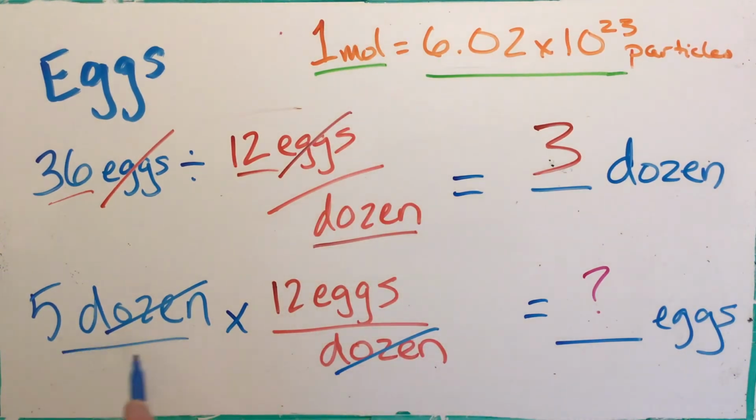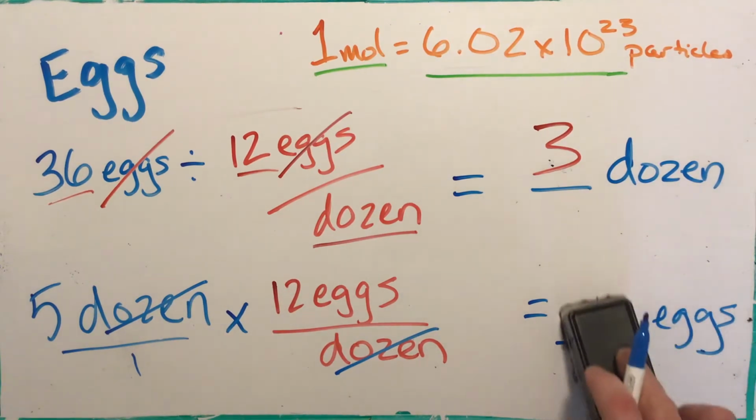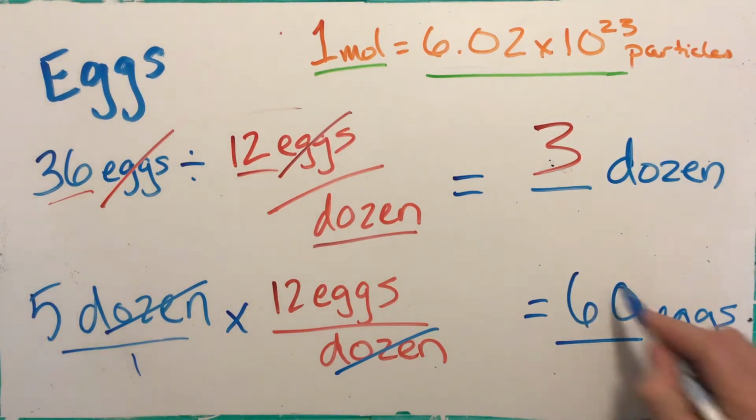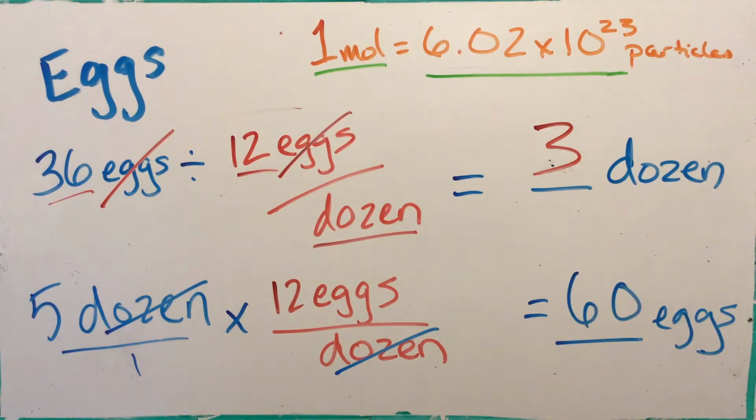Because technically this is over 1, right? So a top and a bottom of a fraction, when I multiply, they cancel. The dozens is out of the picture. All I'm left with is eggs, which is what I want. And 5 times 12, I deal with my numbers. That's going to be 60.